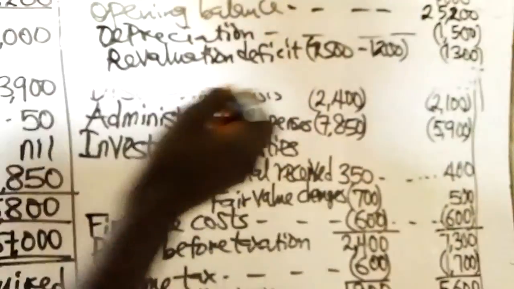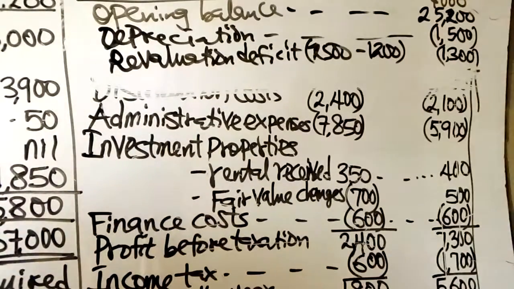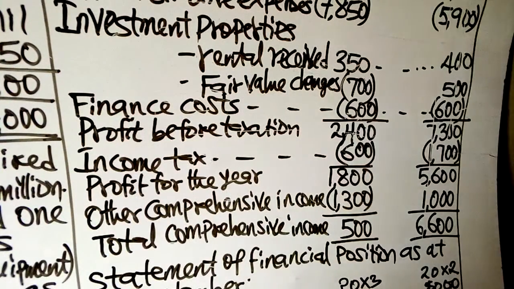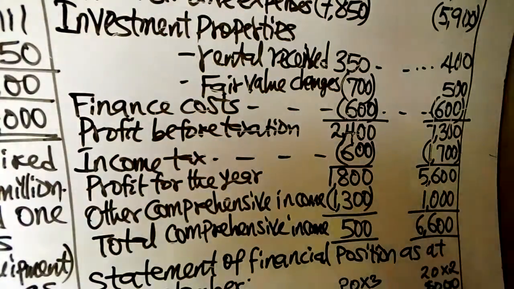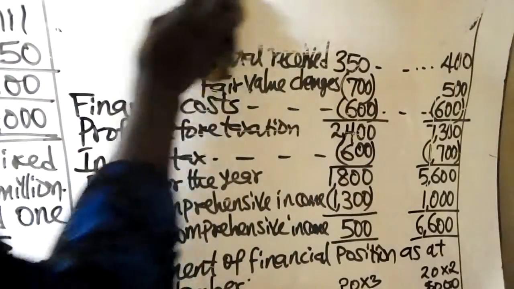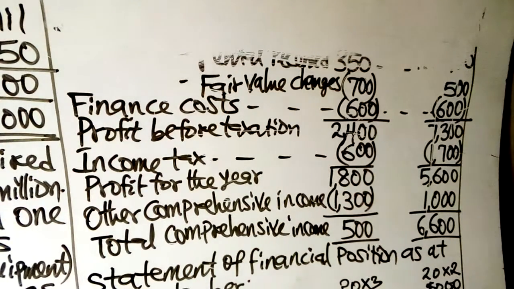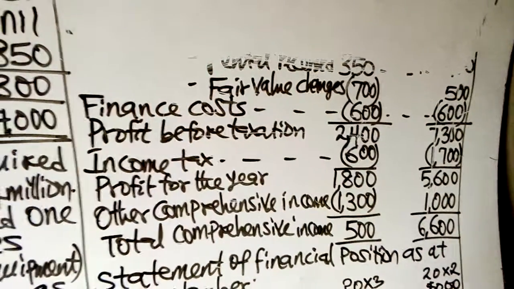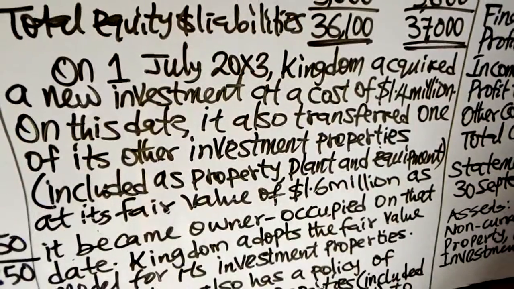That is why we are subtracting that. Then you also check your note. There could be a number of items that will affect our PPE, apart from the depreciation and the revaluation. Now let's check the note.